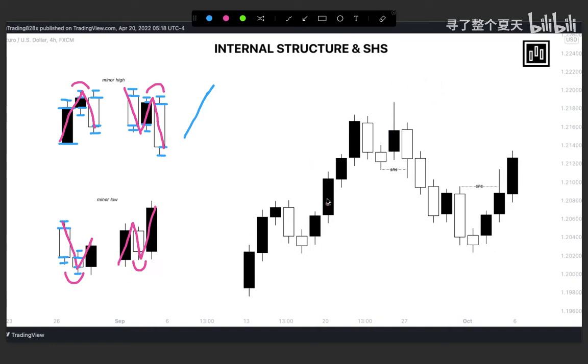So let's look at these candlesticks around this area here, right? Around this area here, we have price breaking the previous candle's highs, right? It means that around this area here, price is pushing to the upside, right?